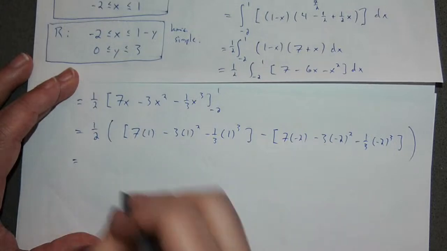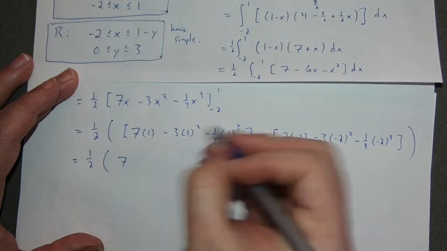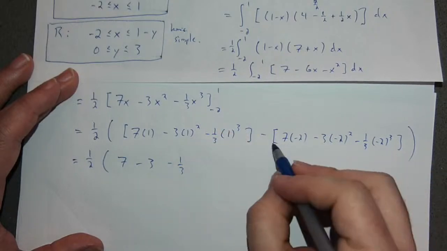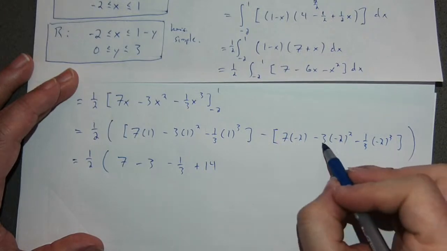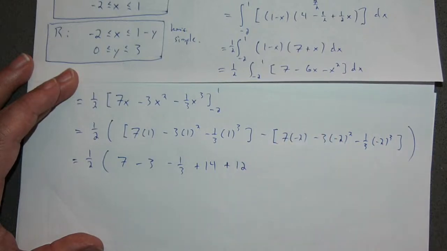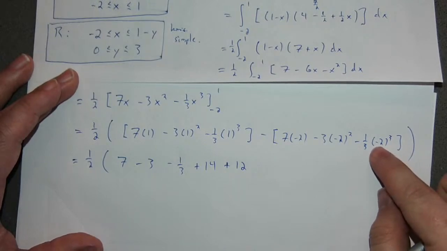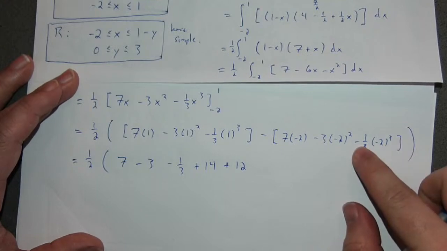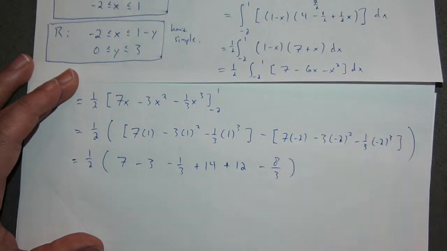Okay, so this is 1/2 times a big thing here. Let's see. So this is 7 minus 3 minus 1/3 minus 14. So that's plus 14. Here this would be minus 3 times 4. So that's minus 12, so this would be plus 12. And then this last one is minus 2 cubed, so that's minus 8 times minus 1/3, which is plus 8/3, so this is minus 8/3.